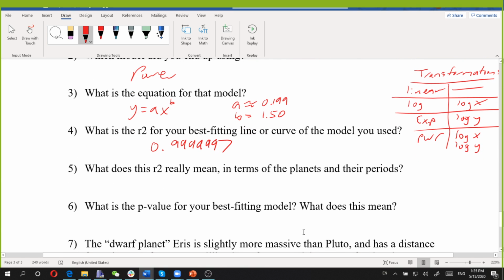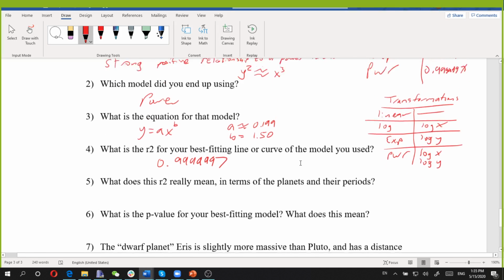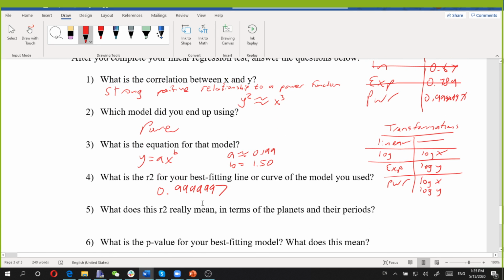Okay, over to Sarah. Sarah, what does this r squared actually mean? So if we said there's this really strong relationship between the planets and their periods, what does that mean?